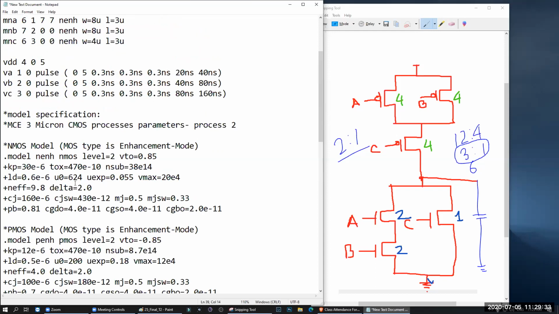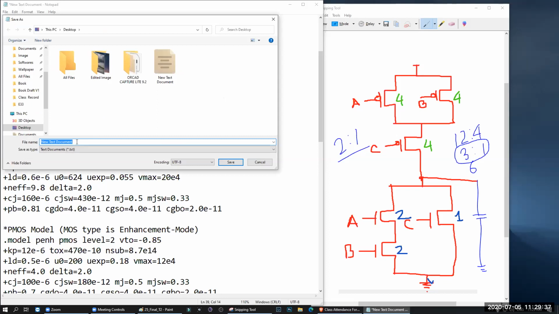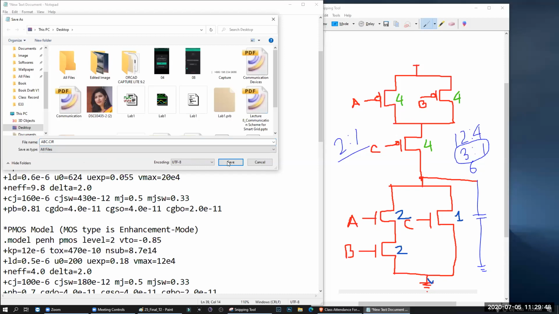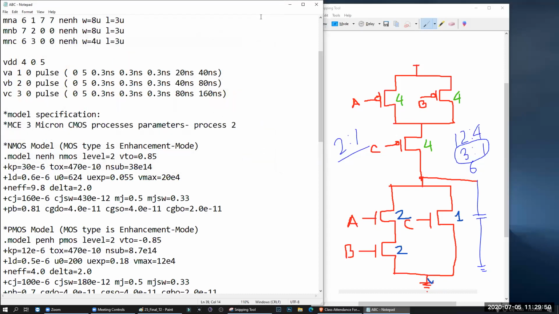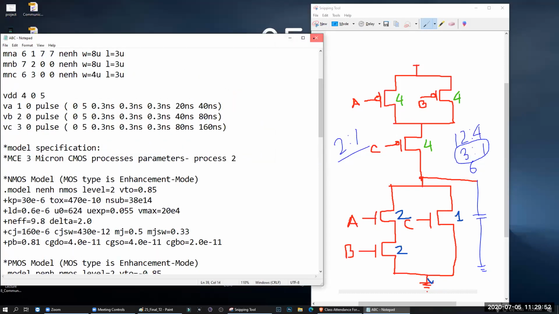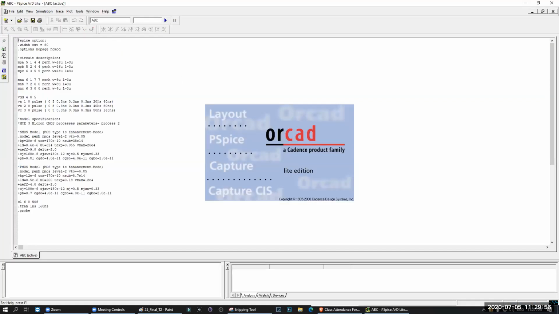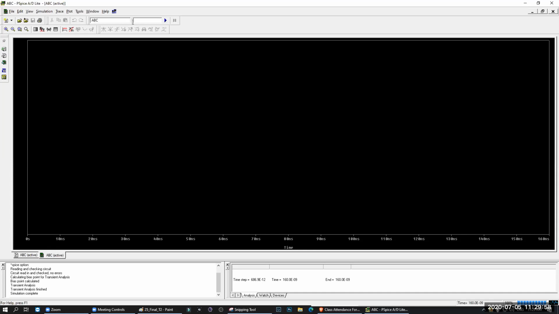Now if we save it, how? Let's say ABC dot CIR, obviously, and it should be all file. Save. This is the ABC. If I double click, you will see this is that. If I run, no error.